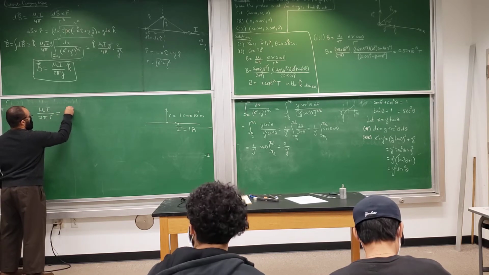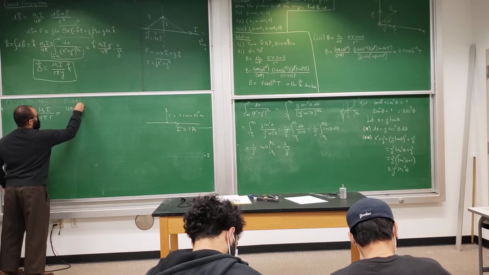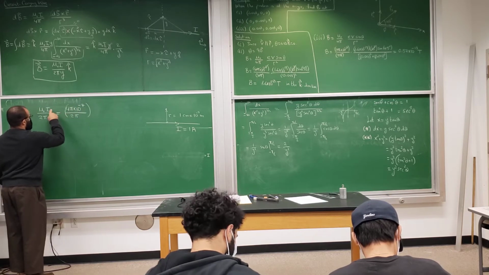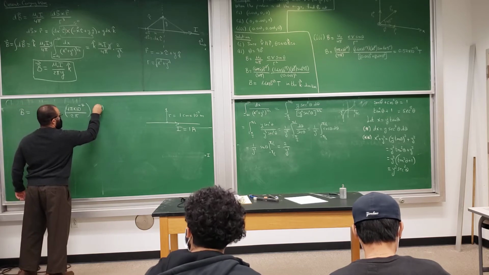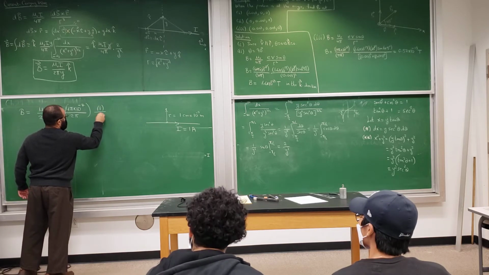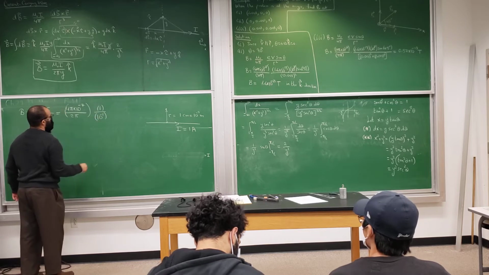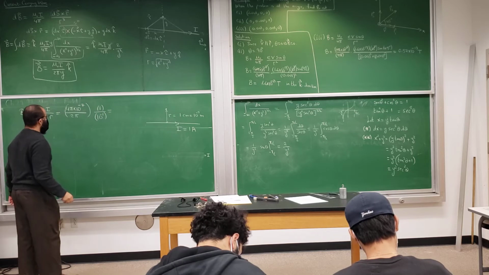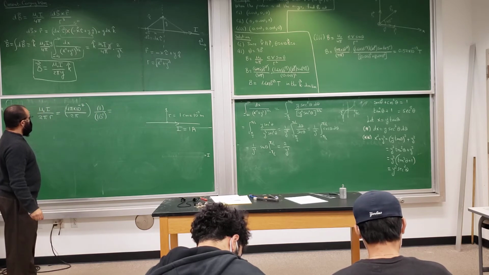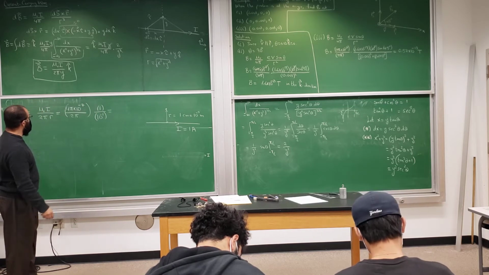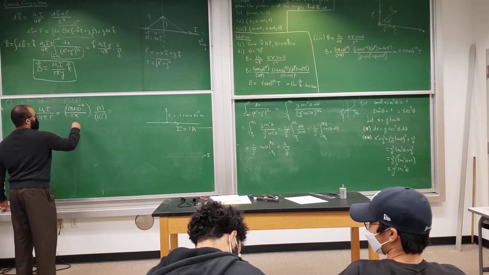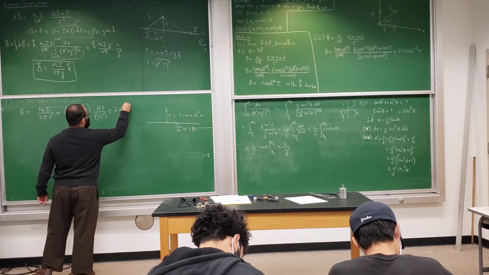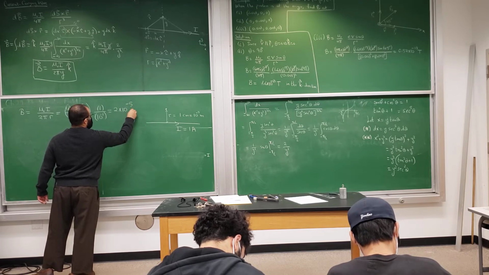Mu naught is 4 pi times 10 to the minus 7 divided by 2 pi times the current, which is 1 ampere, divided by R, which is 10 to the minus 2. Okay. The pi cancels. You get 2 times 10 to the minus 5 Tesla.